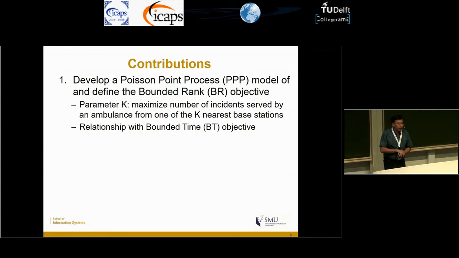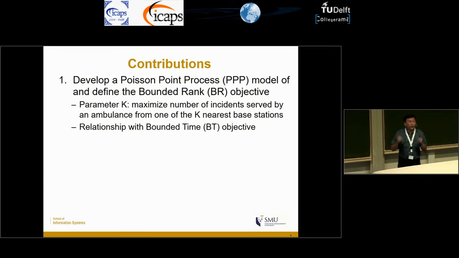It is simply this. If I give you a parameter k, let's say k is 1 or 2, then whenever an incident occurs, I will ask, can I serve that incident using one of the k nearest base stations? If k is equal to 1, it is the nearest station; if not, the next nearest station where an ambulance is available.